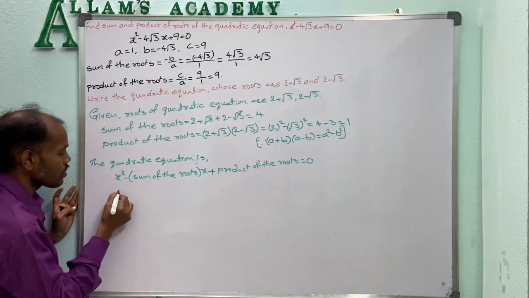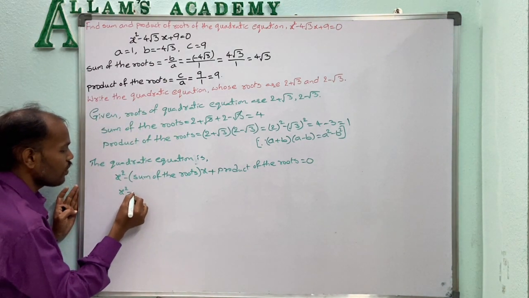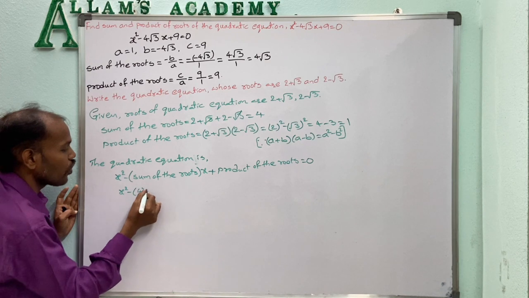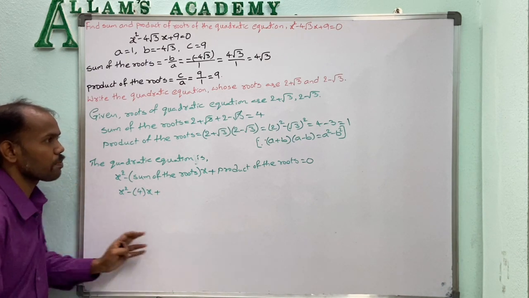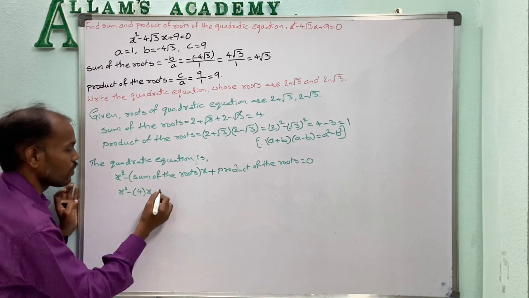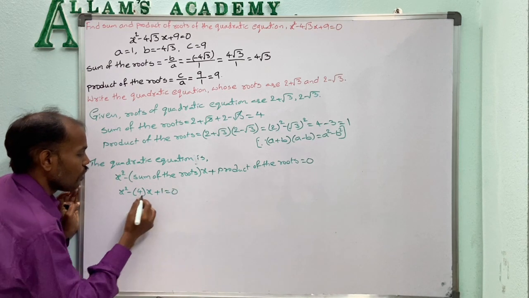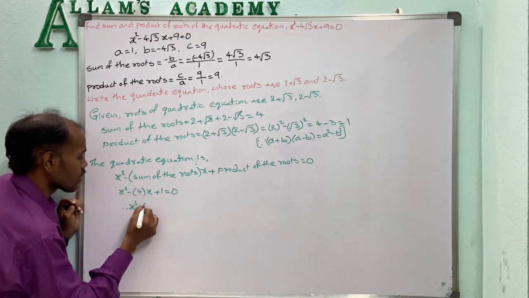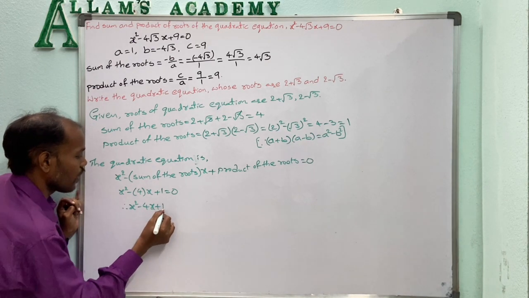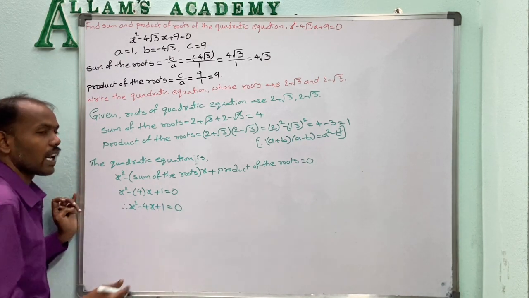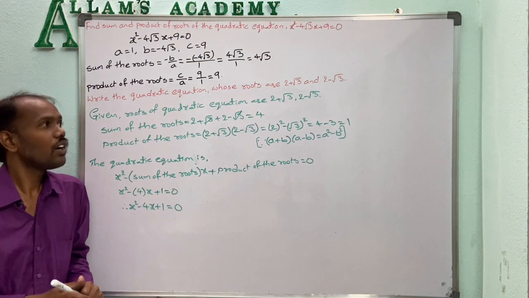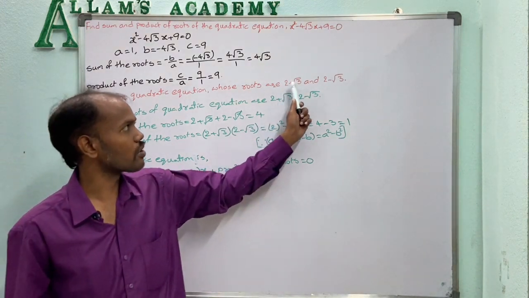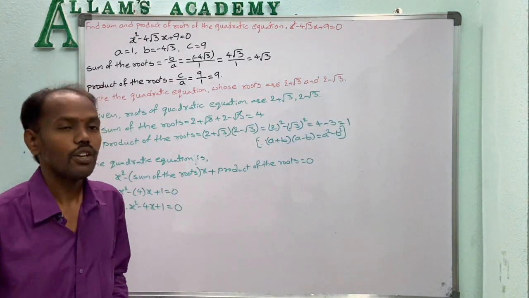So here, x square minus of sum of the roots, which is 4, into x, plus the product of the roots, which is 1, equal to 0. 4 into x is 4x. So x square minus 4x plus 1 equal to 0. It is the required quadratic equation for the roots 2 plus root 3 and 2 minus root 3.